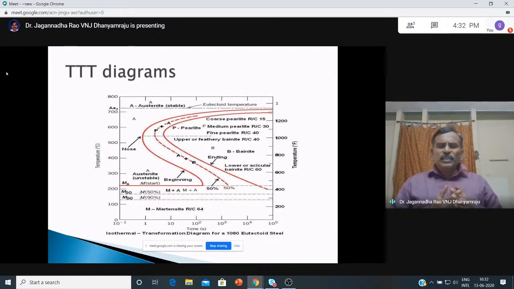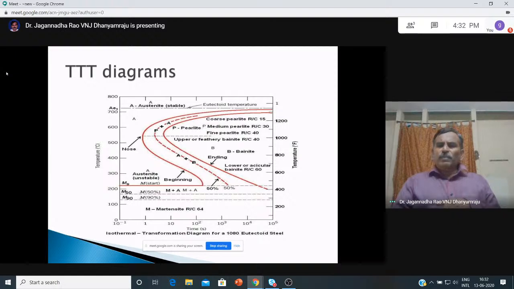See, this transformation depends on time, that is, your cooling rate. According to your cooling rate, the transformation products range from coarse pearlite to fine or acicular bainite. And if you observe, the hardness of the end product increases from top to bottom.